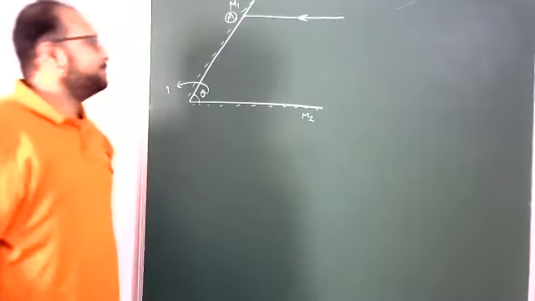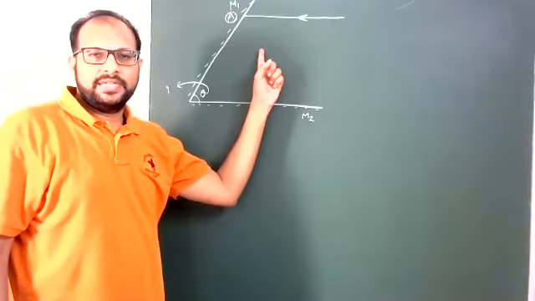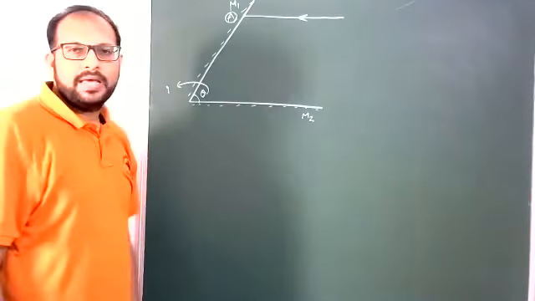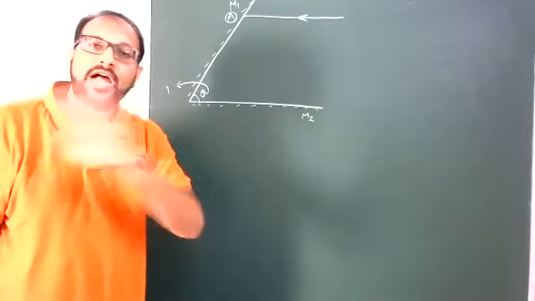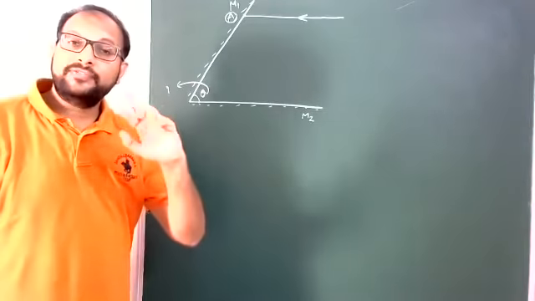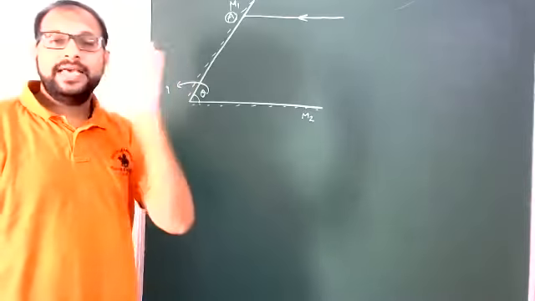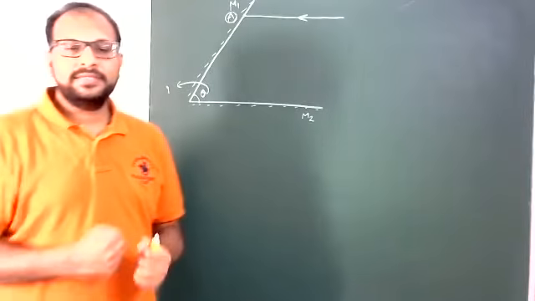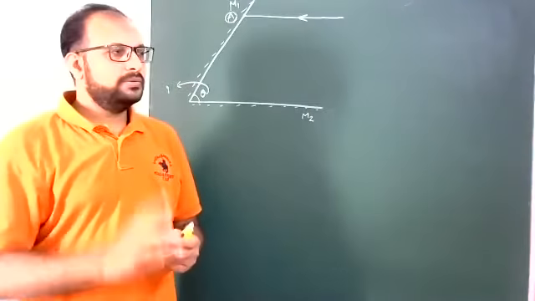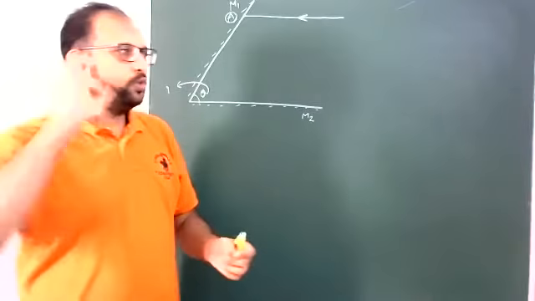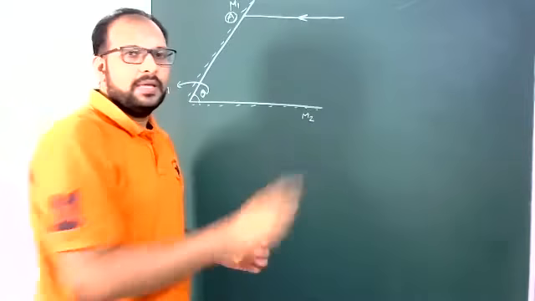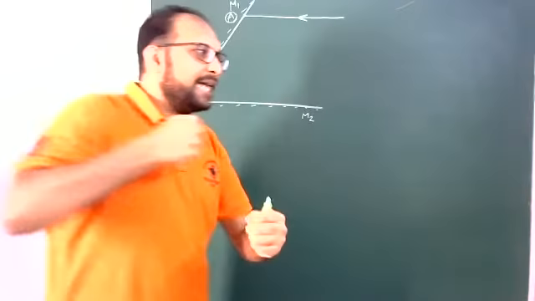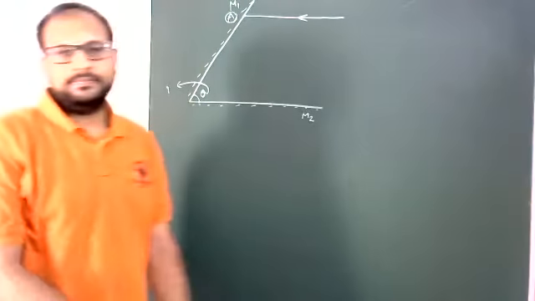Yes, now listen. This is the first reflection, not retracing. Now the second reflection is there. After the second reflection also, not retracing. After the third reflection, yes, the light ray is retracing. Students, retracing means, suppose you throw a ball towards a wall, and this ball is incident exactly normal to the wall.